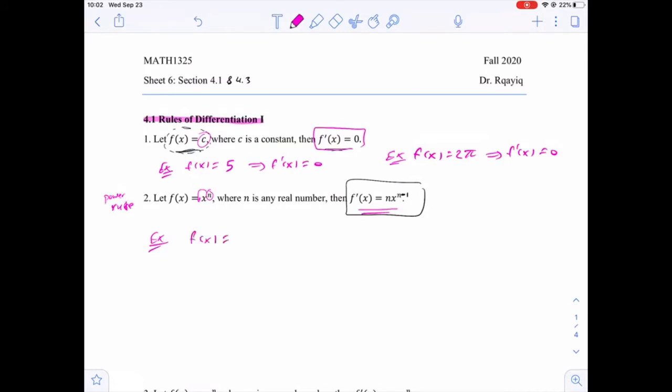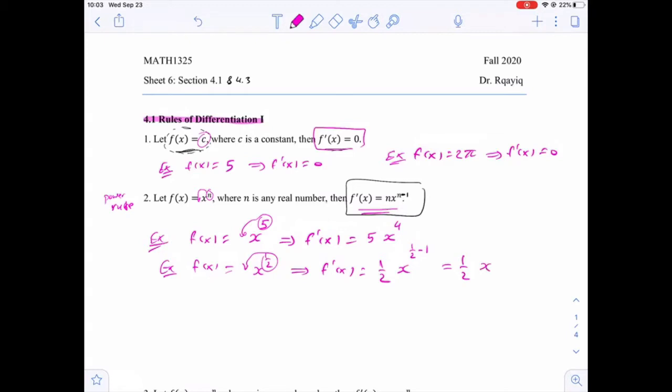For example, if f of x equals x to the 5th, then the derivative is, we bring the power down, and then subtract 1 from the power, so we get 5x to the 4th. Also, if f of x equals x to the 1/2, then the derivative is 1/2 times x to the power 1/2 minus 1, and that is 1/2 x to the power negative 1/2.